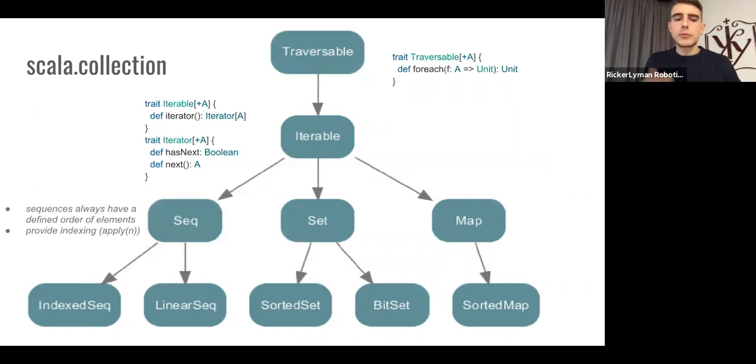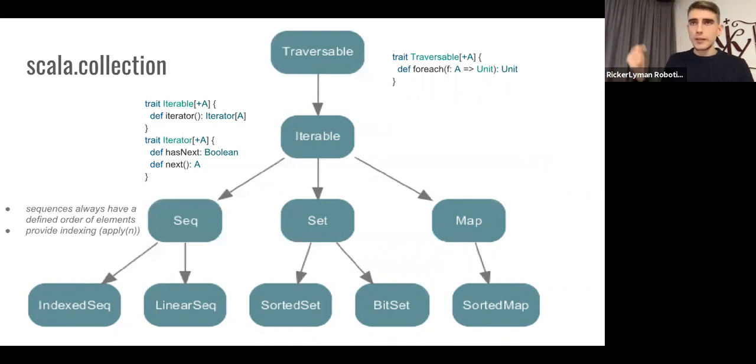In terms of general data structure patterns, a linear sequence is like a linked list, so it has linear time for accessing a value by index, while indexed sequences have constant time for retrieving an element by index.